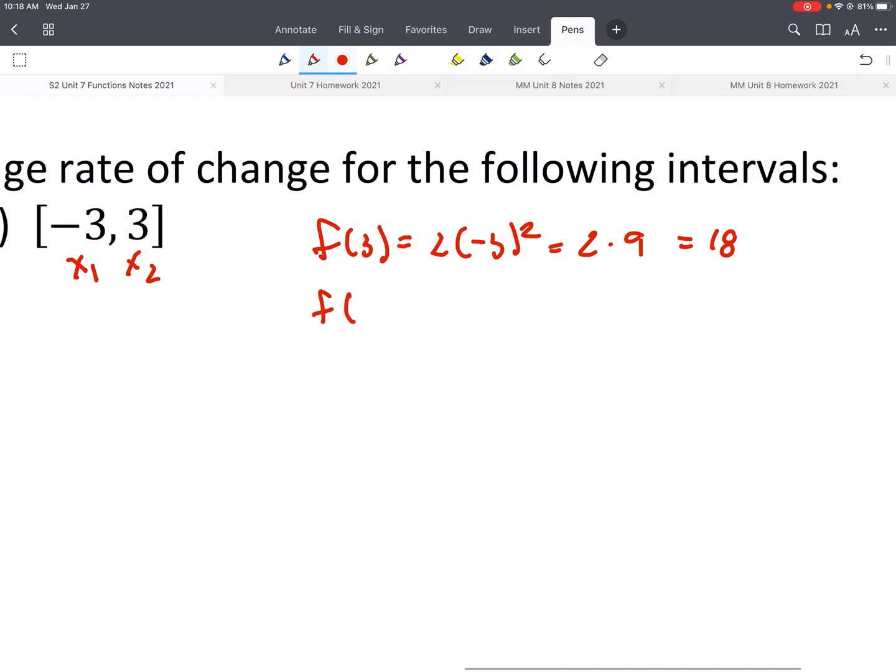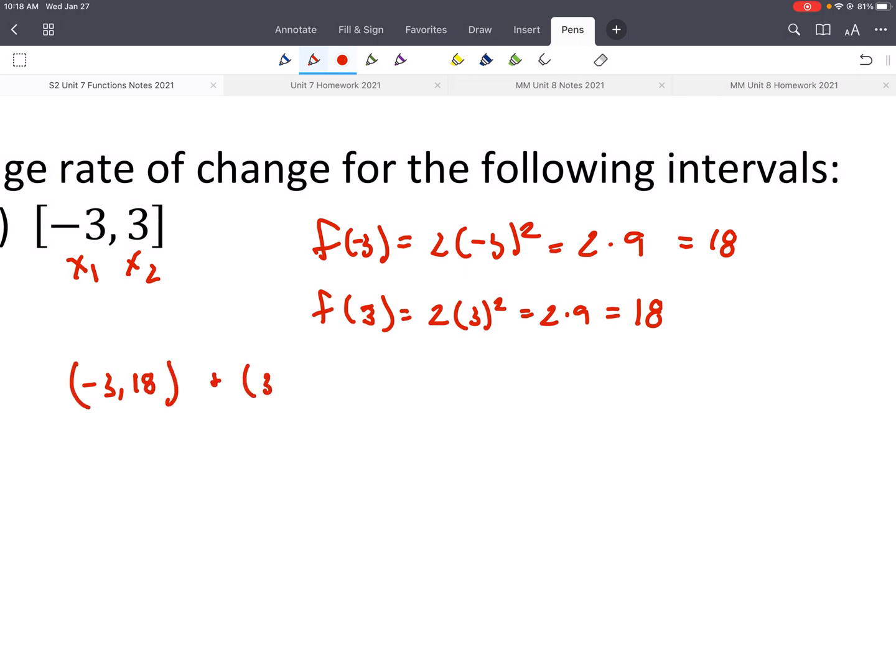And then f of, that's what I meant to say, positive 3 gives us 2 times 3 squared equals 2 times 9 equals 18. So here our 2 points would be -3, 18 and 3, 18.